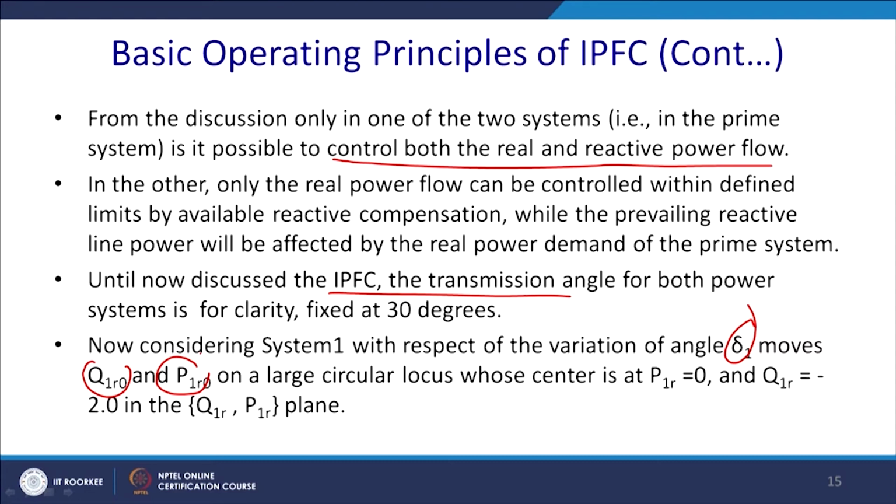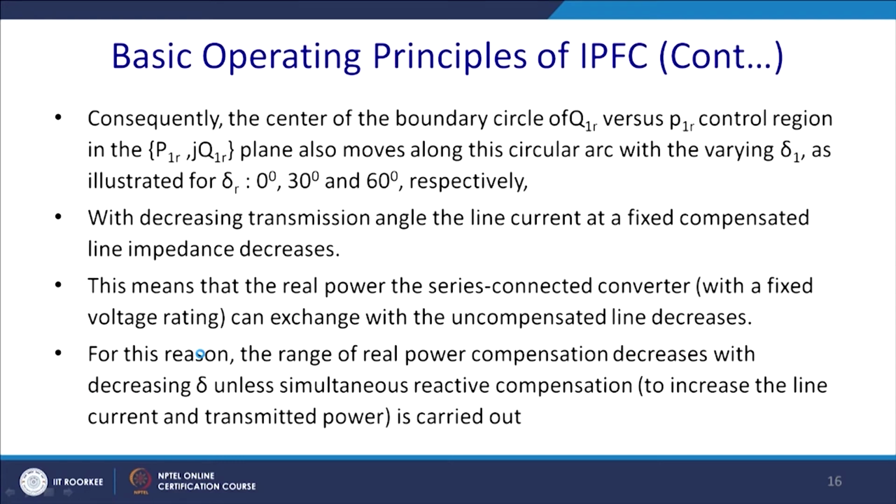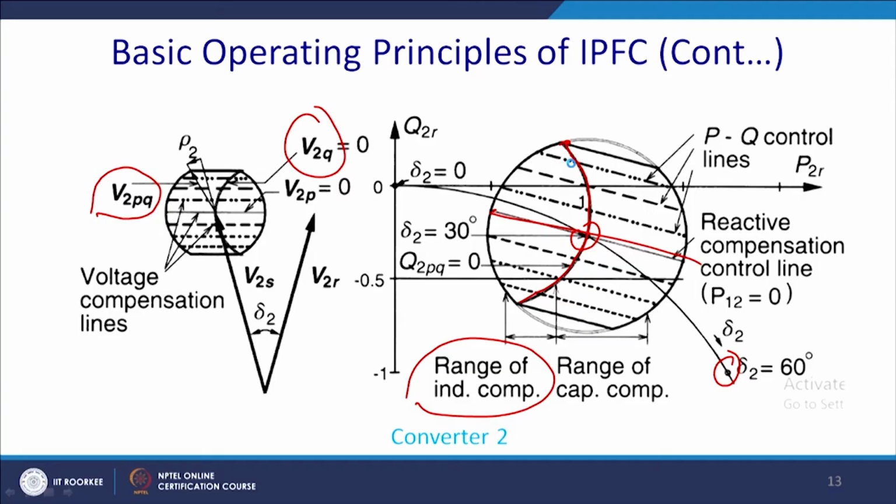Let us see what happened. Consequently, the center of the boundary of the circle, the Q1R versus P1R control region in the P1R and Q1R plane, also moves along the circular arc with varying delta 1, which we may find here. So, this is the varying delta.